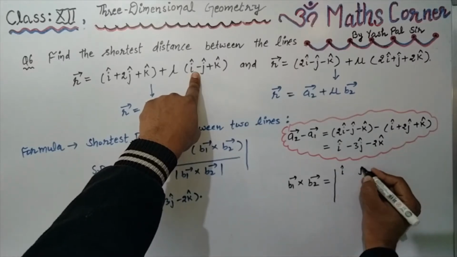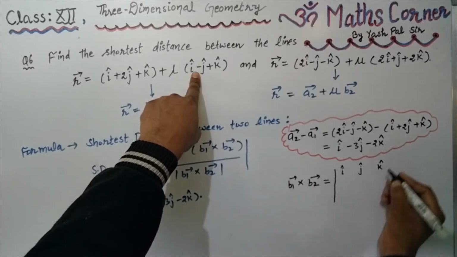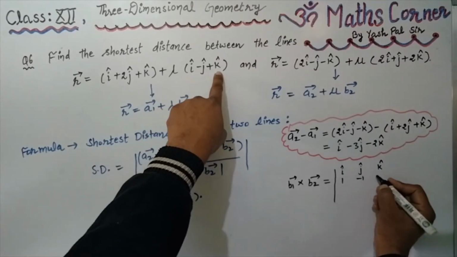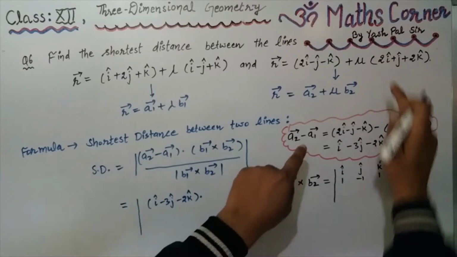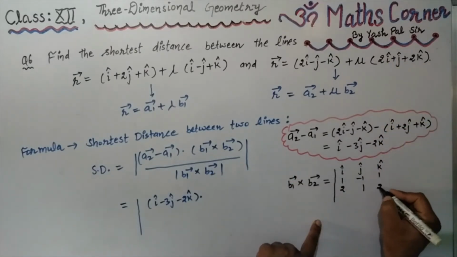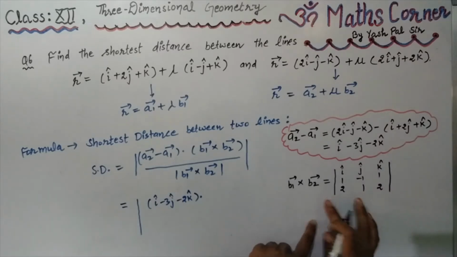So we write here i j k. For b1 the coefficients are 1, minus 1, 1. For b2 the coefficients are 2, 1, 2.